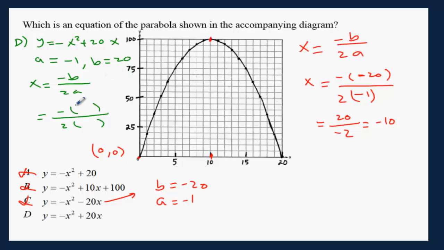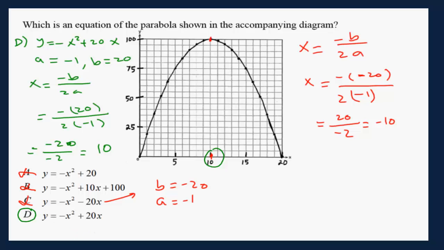B is 20, negative 20. 2 times a is negative 1. So we'll get negative 20 over negative 2. Negative 20 over negative 2 is positive 10. And that is the same as this one here. It is choice D.